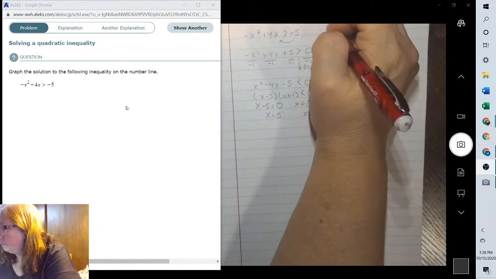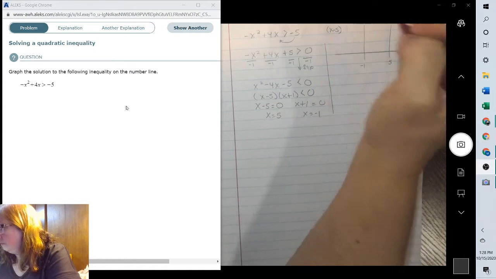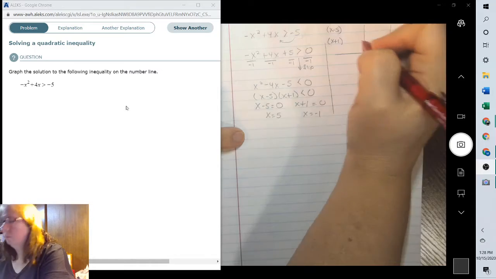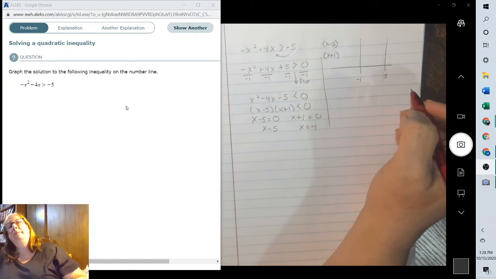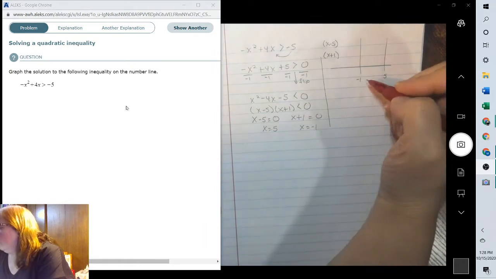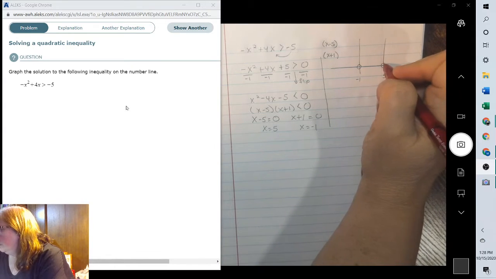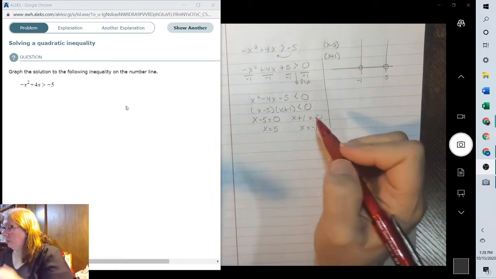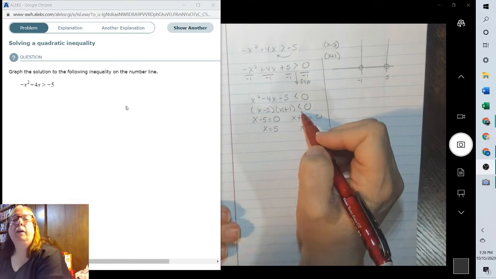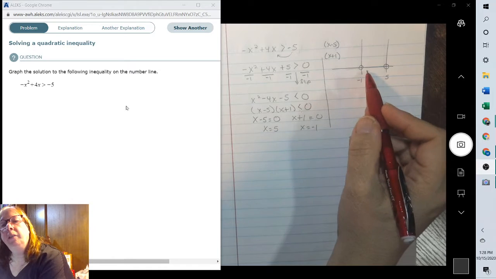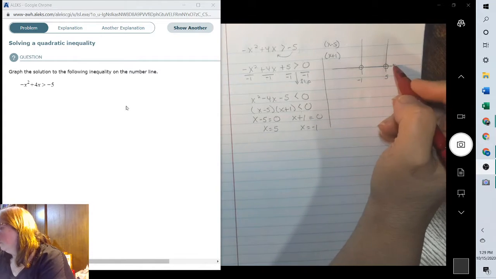So we have our x minus 5 and our x plus 1. I'm going to put an open circle here. The reason I'm keeping it open is because the inequality does not have an equal to. So we need to test values to the left, in between the two, and then to the right.